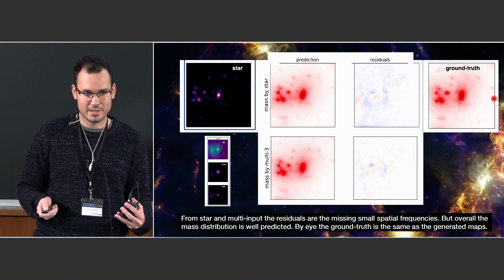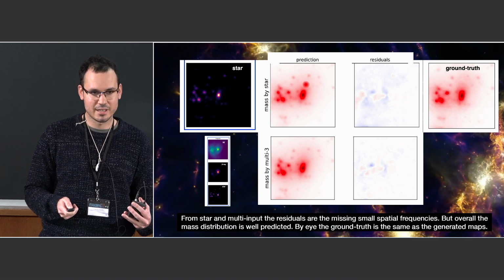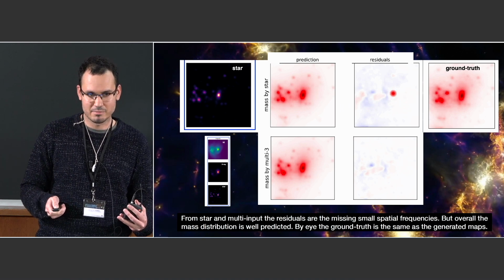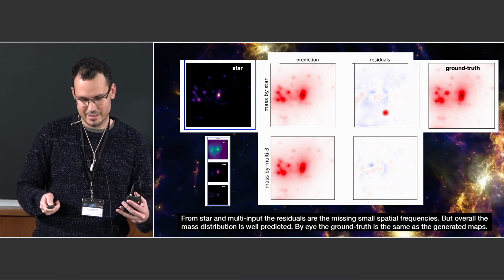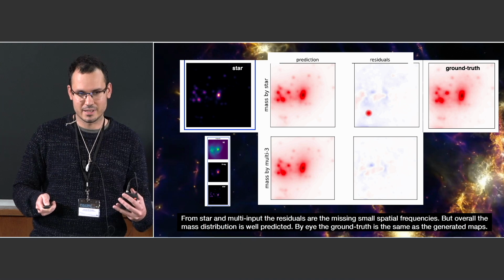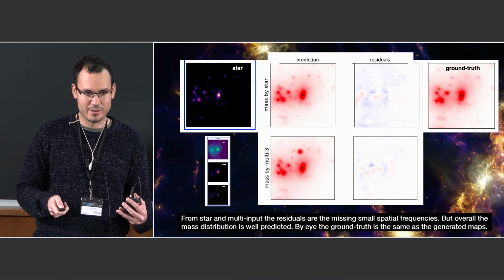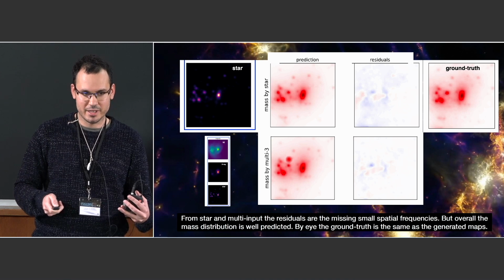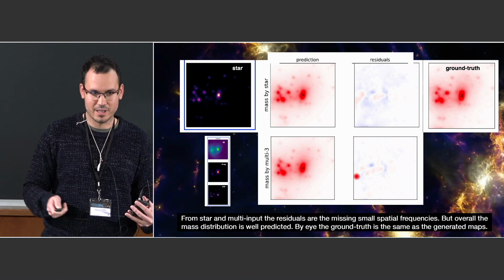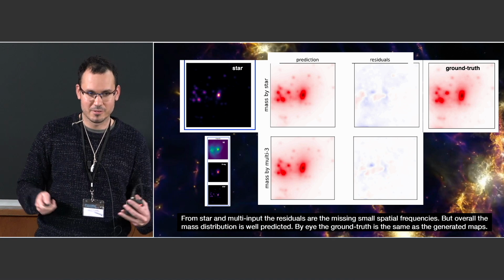This is the original map, this is the prediction. At first sight, it's very difficult to tell the difference, and the residuals are more continuous, not full of these high spatial frequencies. And also when you use the multi-view model, you have a better prediction, and the residuals are almost zero, a very low error.